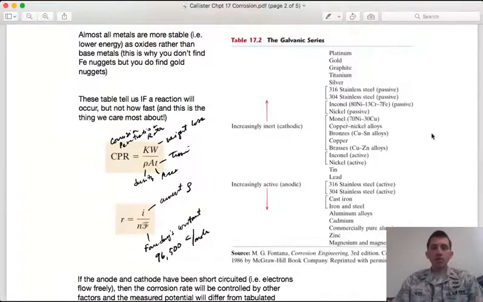And so in addition to the EMF series, we also have the galvanic series, and this is not quantitative in the same way. It's not measured, say, relative to the hydrogen cell half reaction like the EMF series is, and it also isn't of pure elements. Instead, it's more of, and it also is done in a solution of salt water.